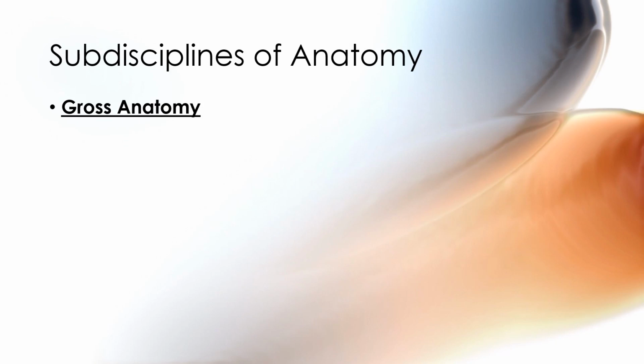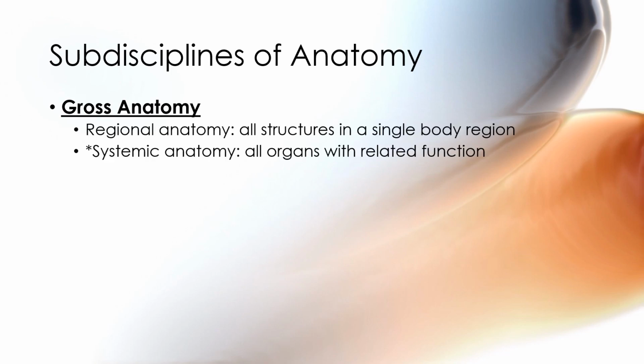So what are some subdisciplines of anatomy? It's a very broad category, right? Yes, there's many structures in the body, but how can we break that up into different subdisciplines? Gross anatomy is really what we're going to be mostly covering in this course.